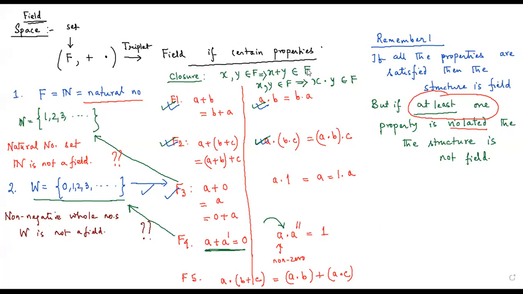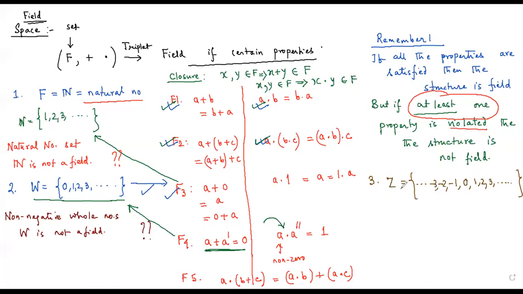So anyway, the mathematicians thought that probably we have to redesign our set of numbers so that we can get a field out of it. So then what they did is that they considered Z, where they included all the non-negative whole numbers going up to infinity, and their negative counterparts also. And you know that this particular set is called the set of integers.